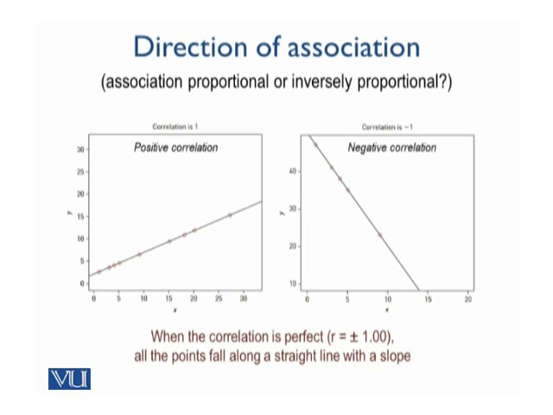So a +1 value would mean a perfect positive correlation, and a -1 value would mean a perfect negative correlation. So values of +1 and -1, or values close to it, show strong associations. If you have a value close to 0, then you have very weak association. And amongst this range, you have a range of values from strong associations to low associations.